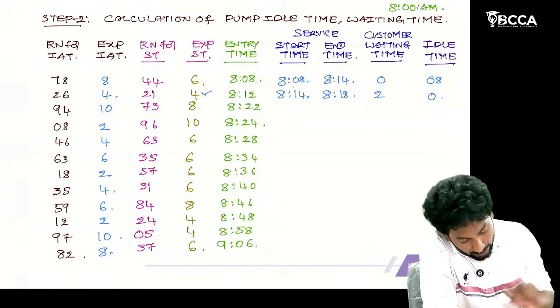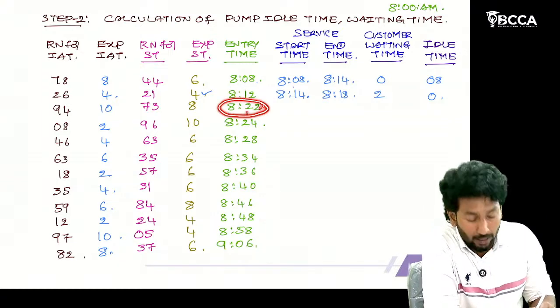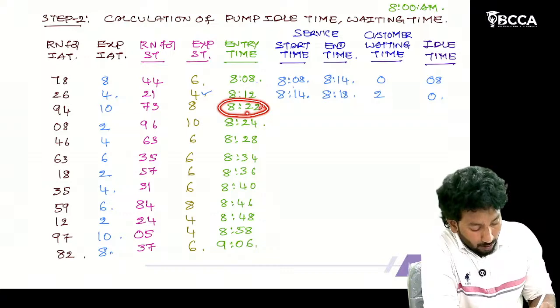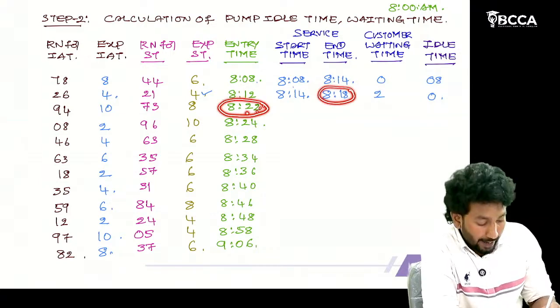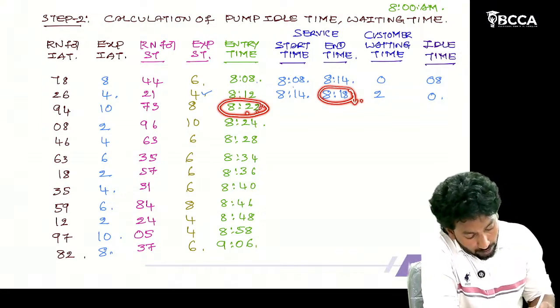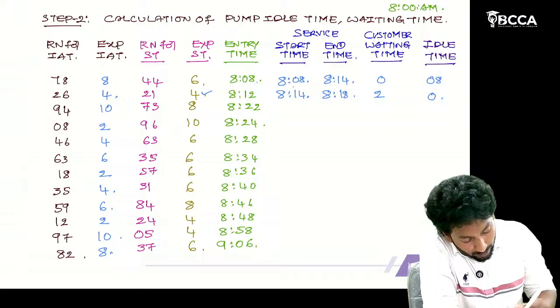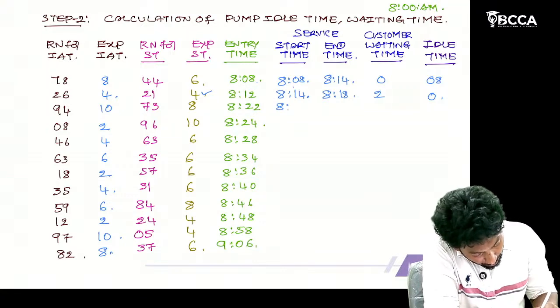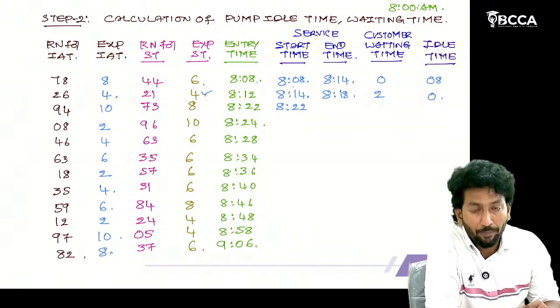Okay. Next, the third customer entered the queue at 8:22. The previous customer's service ended at 8:18, so by 8:18 the pump is free, vacant. So for this customer at 8:22 the pump is free, and service will start immediately at 8:22.